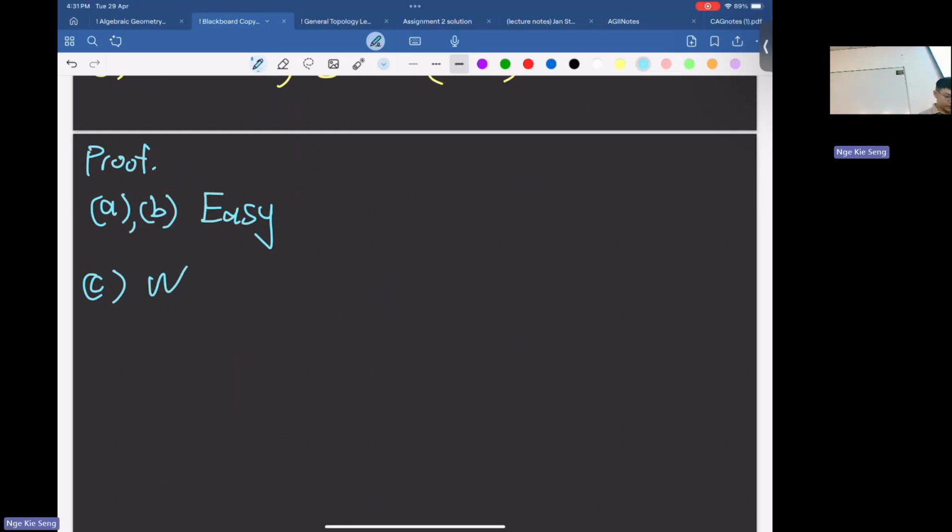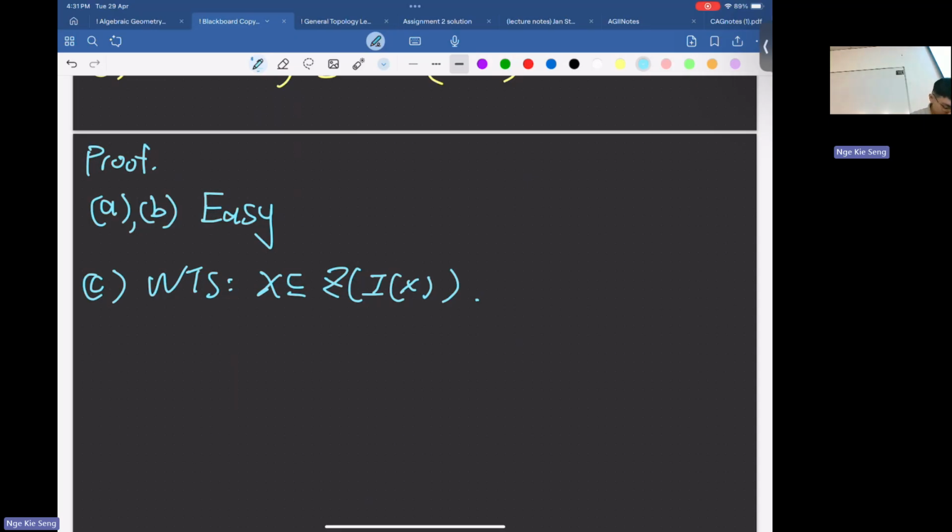So what is C? We want to show that x is in the zeros of Ix. So any idea?